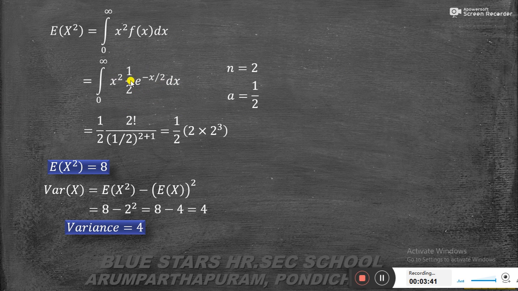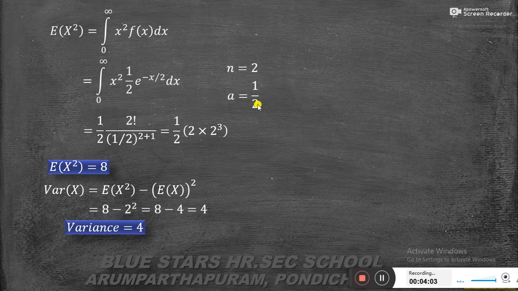So the next step, I write the 1 by 2 on the outside: integral 0 to infinity x square e power minus x by 2 dx. Compare with the gamma integral formula, integral 0 to infinity x power n e power minus ax dx. So x power n means n equal to 2 and a equal to 1 by 2.